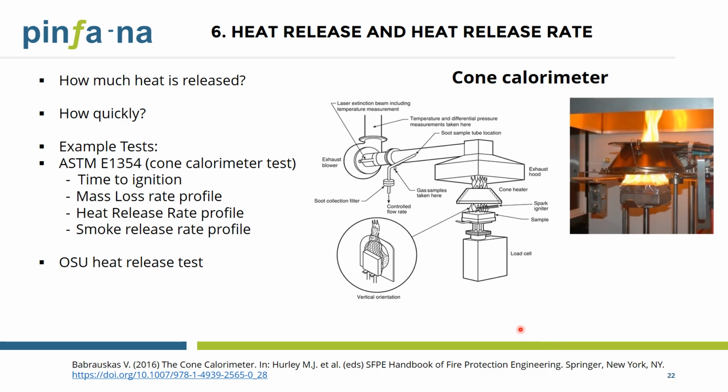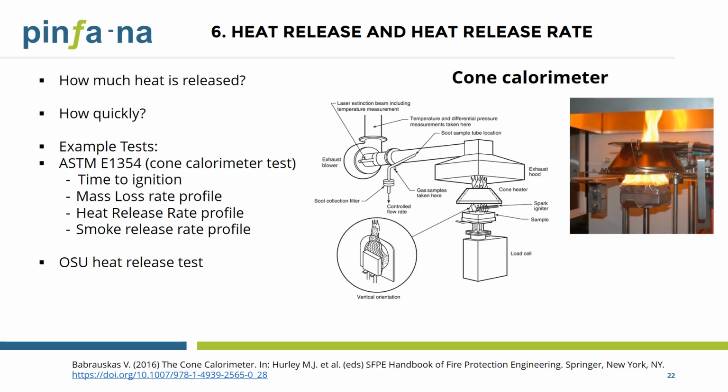The cone calorimeter test is a very useful test for studying material behavior in a fire because it provides multiple pieces of information simultaneously, including time to ignition, mass loss profile, heat release rate profile, and smoke release profile.